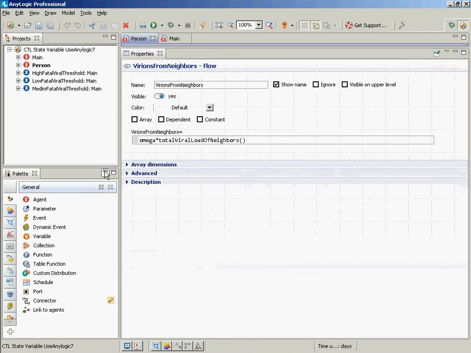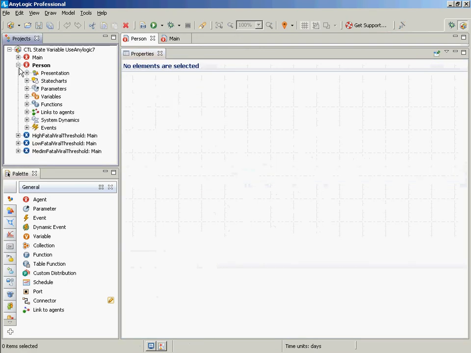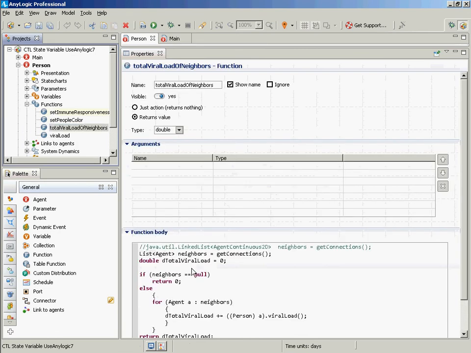So we have omega, the flow in of virions from neighbors, which is some very small constant omega times the total viral load of neighbors. And the total viral load of neighbors is calculated via a function here. Basically it's just looping through each neighbor. If there are no neighbors, we have zero viral load there.